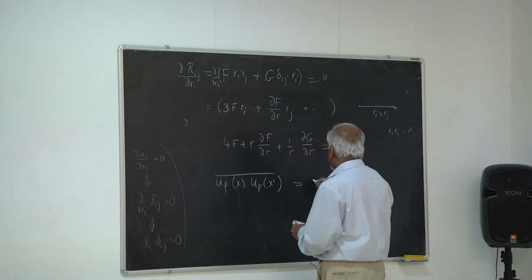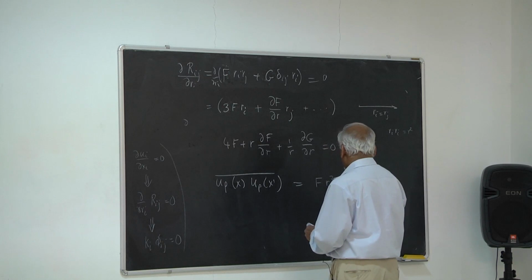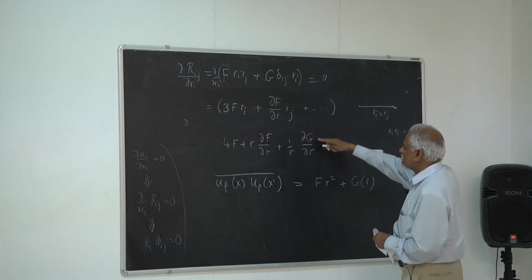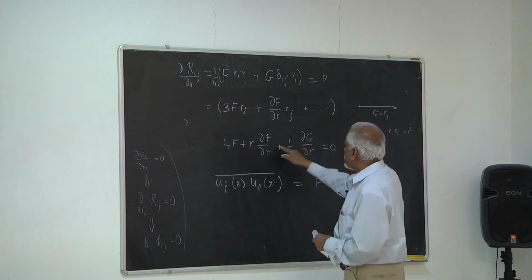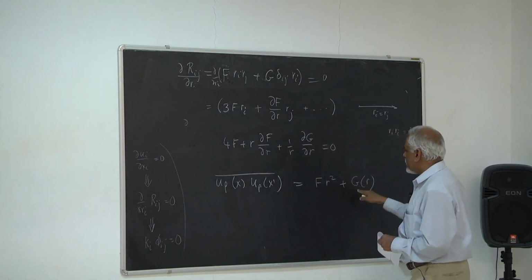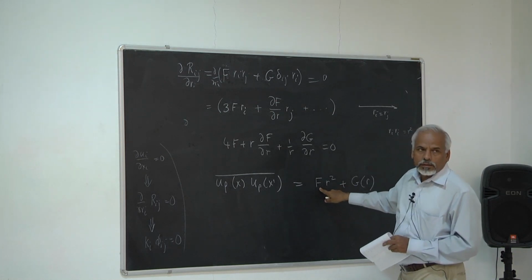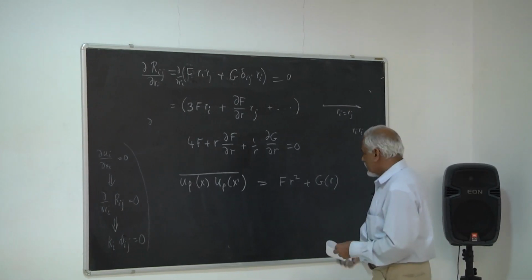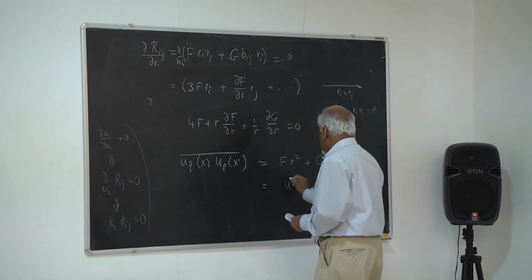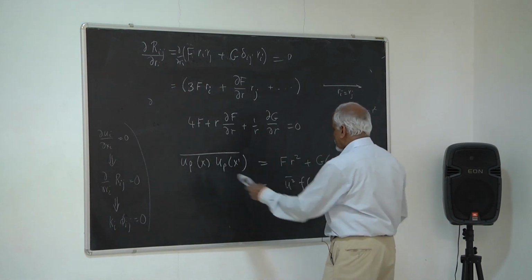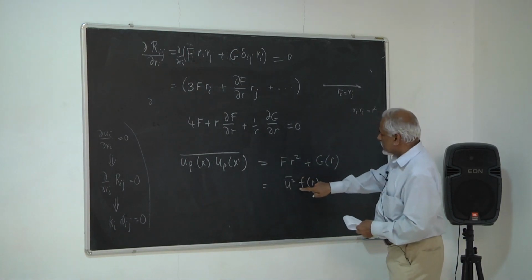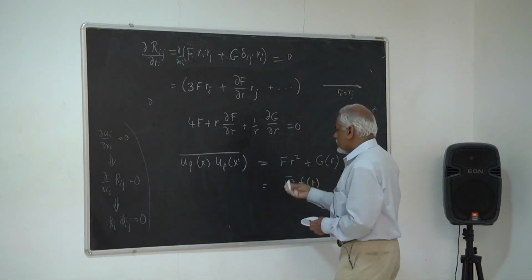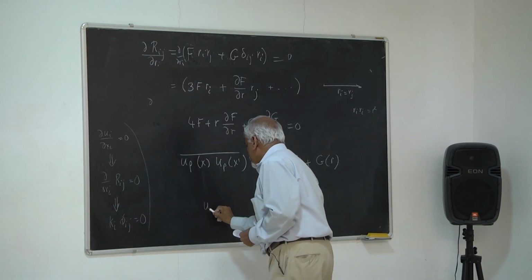So I have therefore f r squared plus g of r, and this differential equation, this equation between f and g, reduces one of them in the form of the other. So I can write the whole thing in terms of f, and this is simply equal to u squared times f of r, that quantity. So f of r will be in this form, f and g, and similarly I can write.